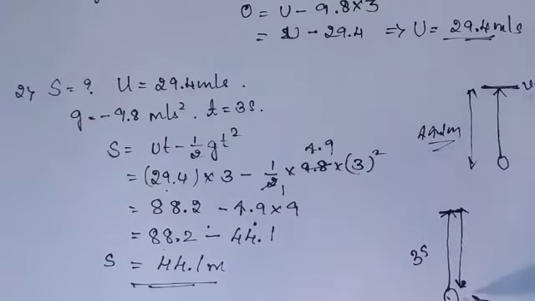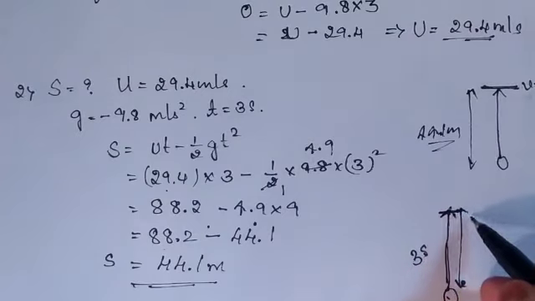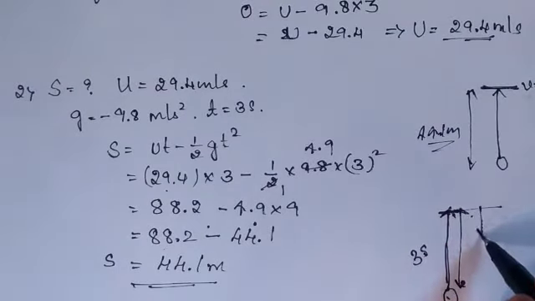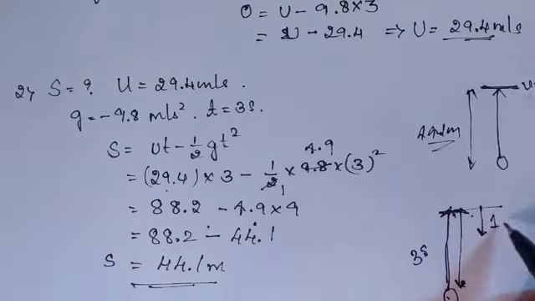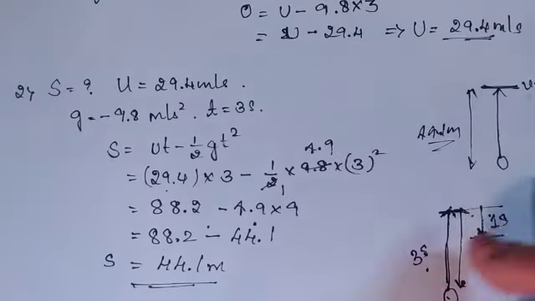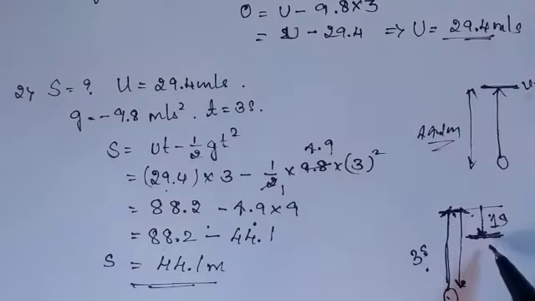Time to come downwards is 3 seconds. So 3 seconds it takes to reach the upward position, and 1 second has been taken to reach this position. That means 3 seconds going up, 1 second coming down. This is called the 4 second. That is its position after 4 seconds means somewhere here the position of that ball will come.